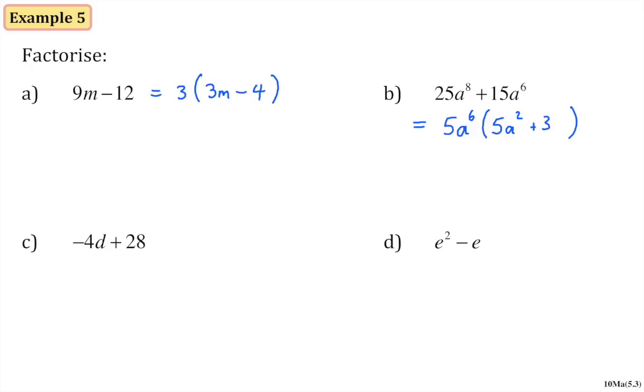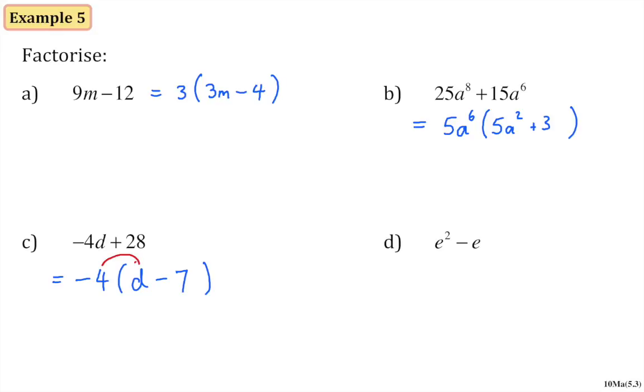Let's go to part C. Now with part C, because the first term is negative, I want to take out minus. Now 4 and 28, 4 goes into 4, 4 goes into 28, so I'm going to take out minus 4, which will leave me with D, because if I've taken out minus 4, I've only got D left. 4 goes into 28 7 times, but I'm going to put minus 7 here, and let's see if we can check why.